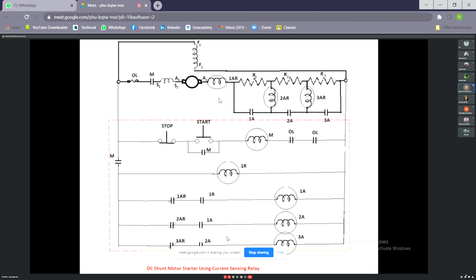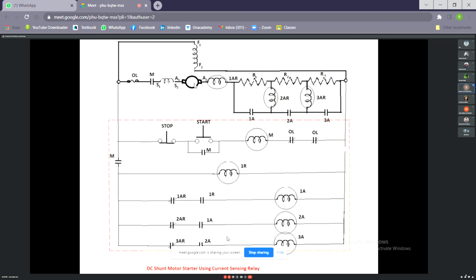Now the characteristic of these current sensing relays is such that they pick up instantly as soon as the current is more than a certain value, but will drop off when the current dies down below a certain preset value. Initially, for starting, the current will be very high, so this relay instantly picks up.